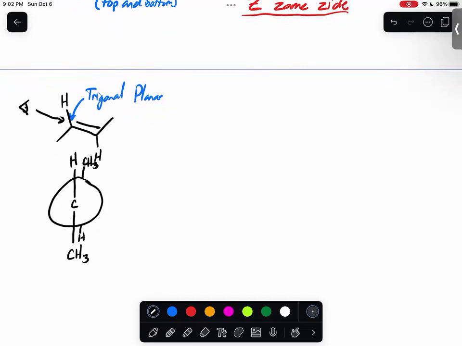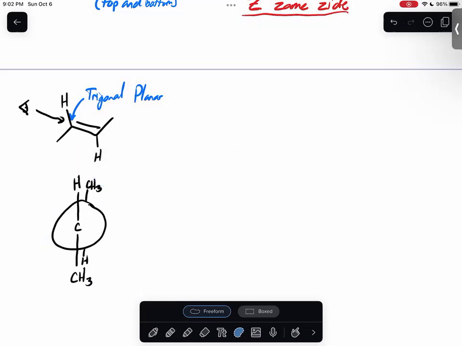Just by looking at this simple Newman projection, we can see there are going to be some eclipsing interactions, right? We have the hydrogen and the methyl on the bottom, and the hydrogen and the methyl on the top. So these are all just classic eclipsing interactions.